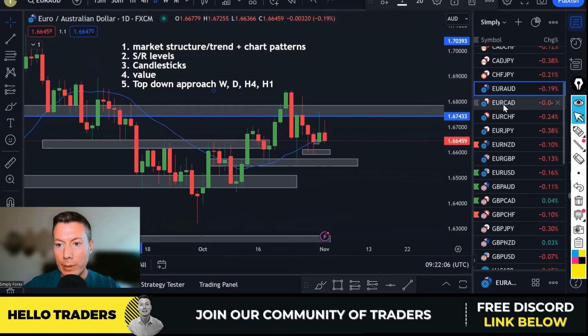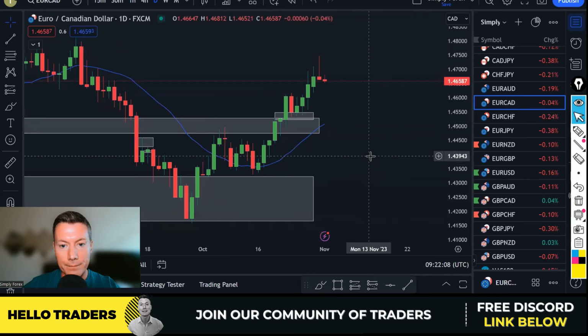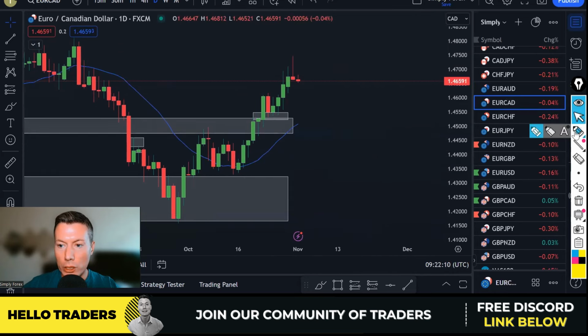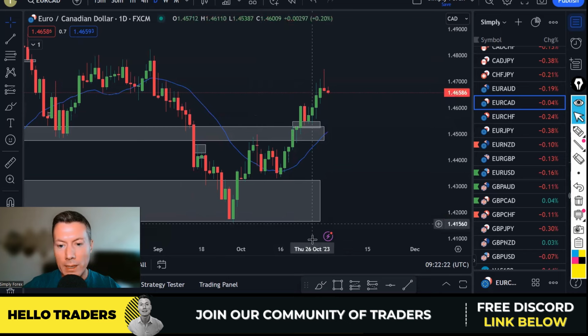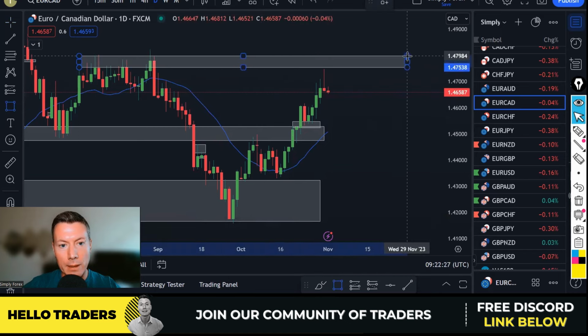Now we're going to go to euro Canadian dollar. Structure in an uptrend. Okay, so I want to buy it. Support and resistance. Is there any resistance through here? Probably the next piece of resistance is up here.